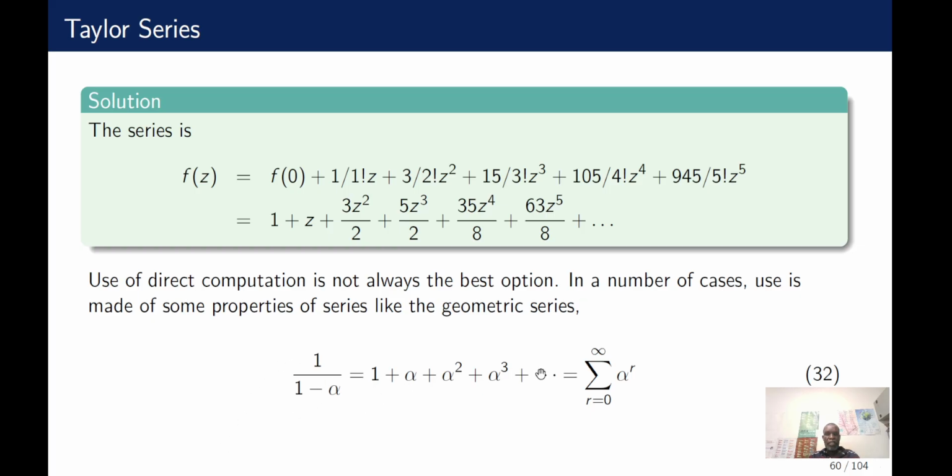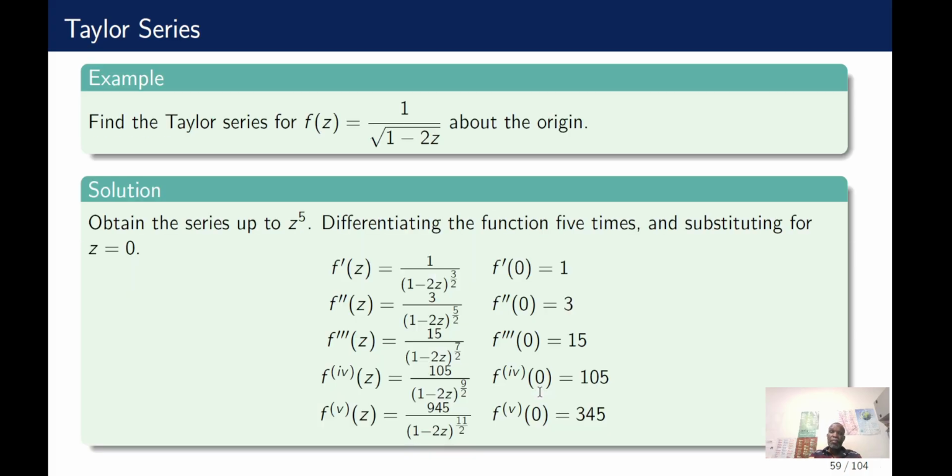This is a geometric series where the common ratio is r and the initial term is a. We know the sum to infinity of a geometric series is a over 1 minus r. So the geometric series is a very simple series, and you will see it's important when you evaluate the next series, in particular the Laurent series.